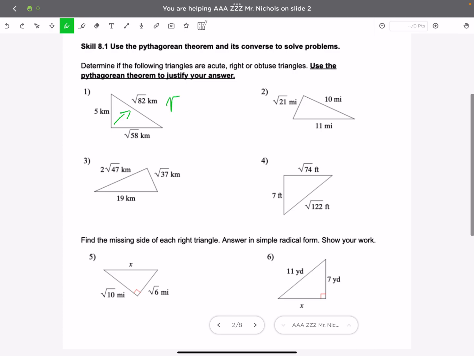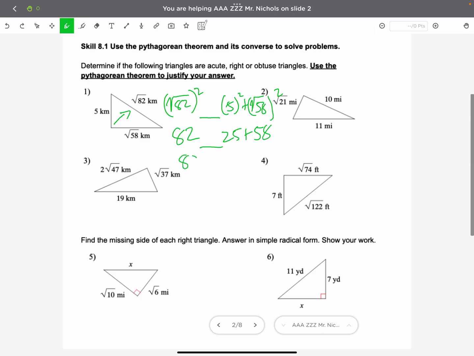So I'm going to do the square root of 82 squared compared to 5 squared plus root 58 squared. Now that's just 82 compared to 25 plus 58.